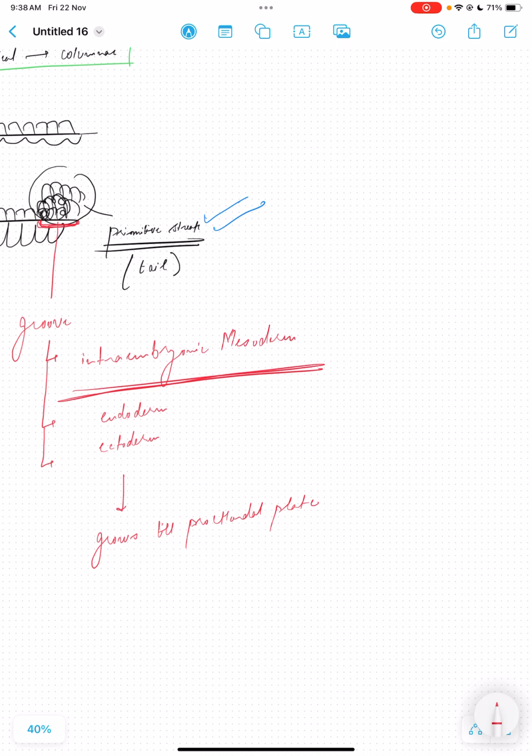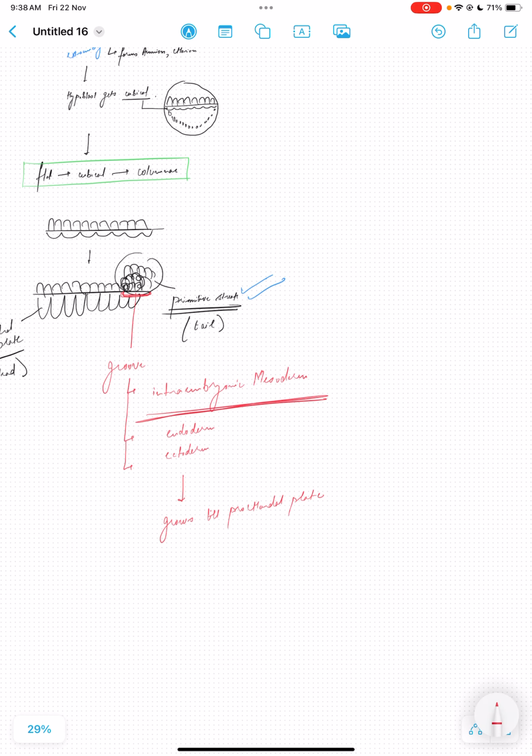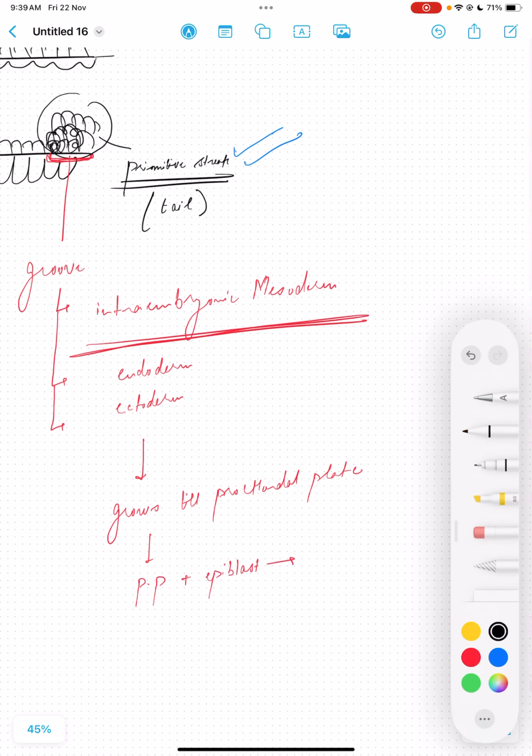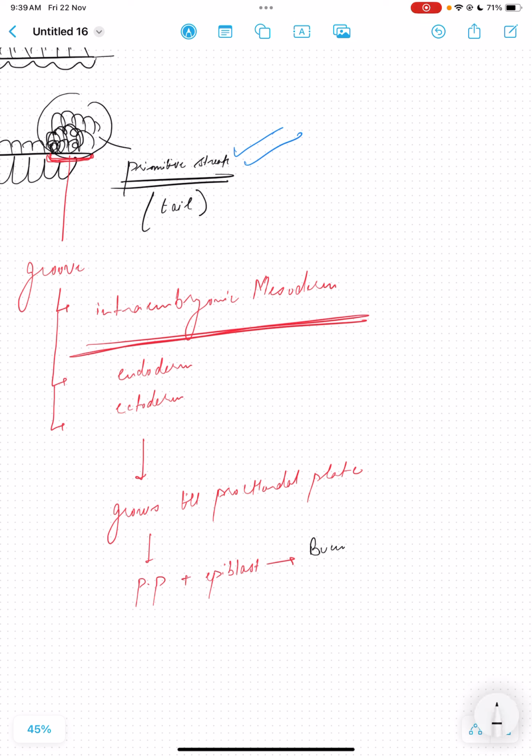Afterwards, the prochordal plate, along with the epiblast, forms the buccopharyngeal membrane.